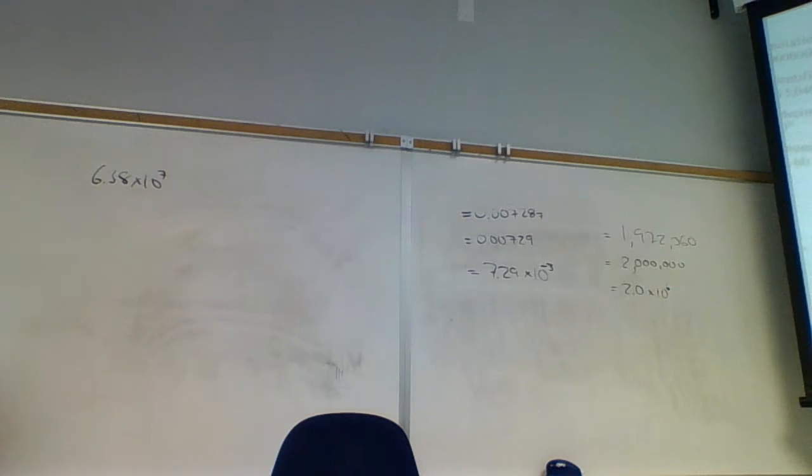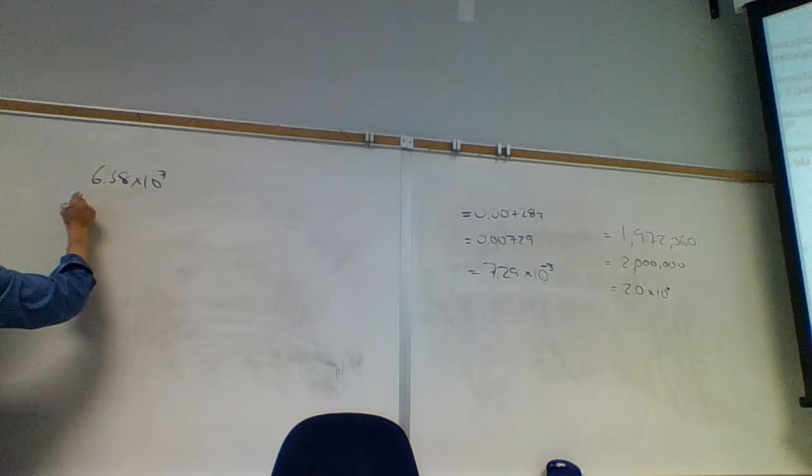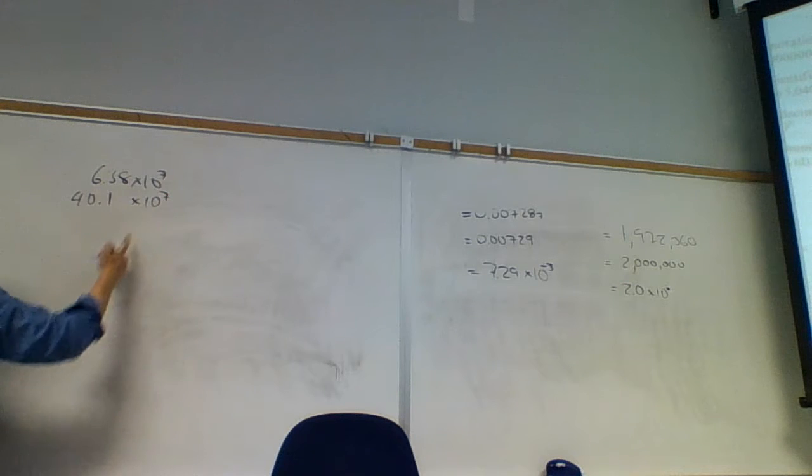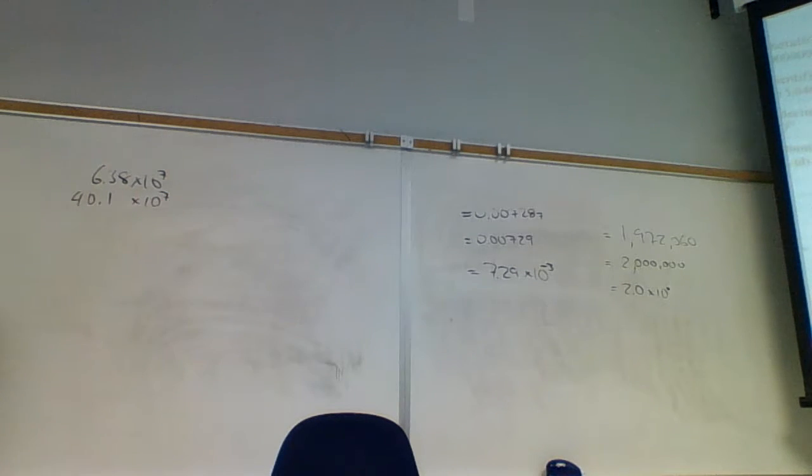Now, with 4.01, we're going to make the exponent smaller, from 10 to the 8th to 10 to the 7th. If we make it smaller, then we have to make the coefficient bigger. So this is going to be 40.1 times 10 to the 7th.